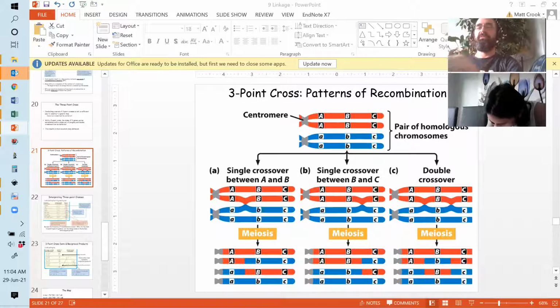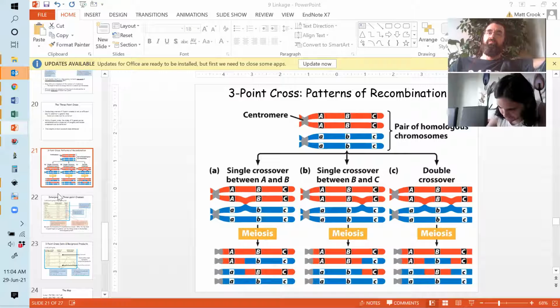Yeah, so double crossovers, which are the rarest, tell you the gene order, as it's the one in the middle that's moving. Okay.